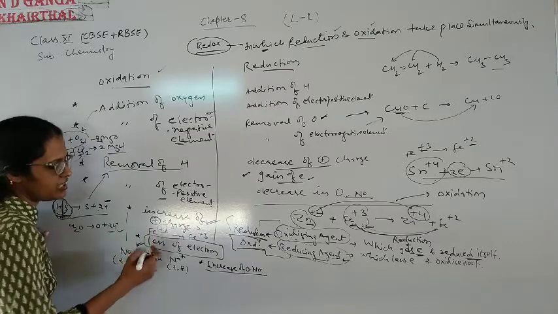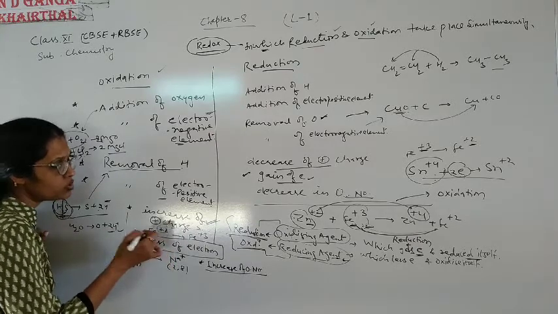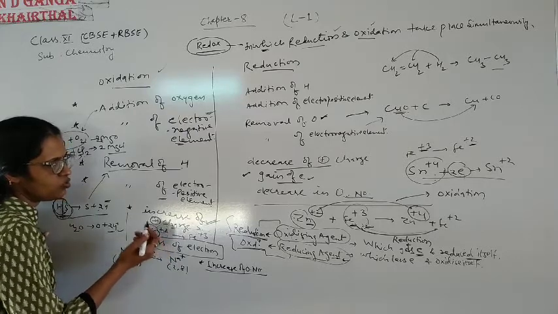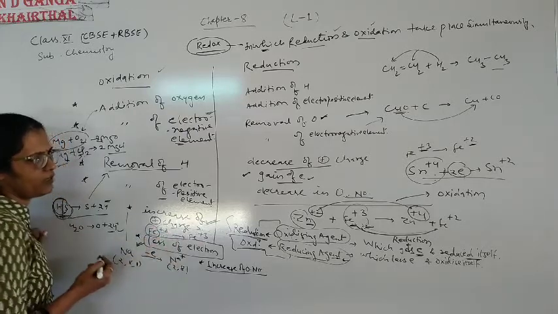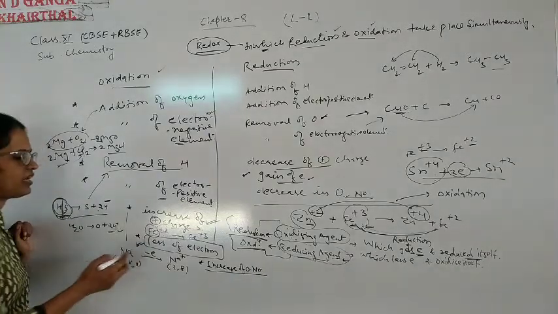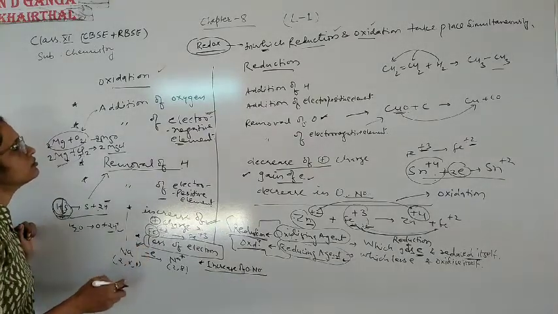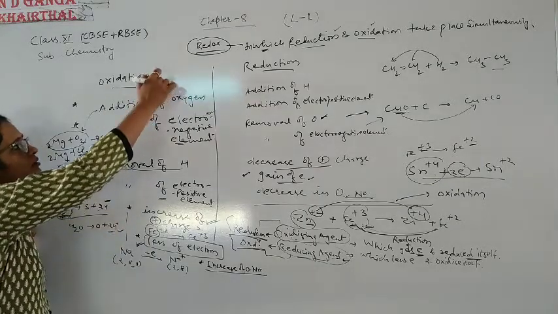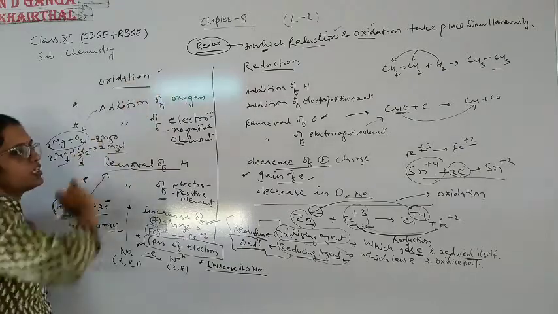Positive charge increases by losing an electron. If this element loses one electron, it will convert into +3. So by loss of electron, we can carry out the oxidation reaction.